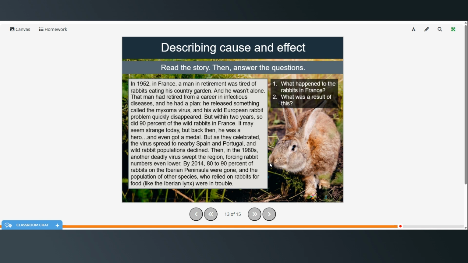So, what happened to the rabbits in France? Well, they were killed by the myxoma virus that was released into their habitat, and the result was that the rabbit population all across Spain and Portugal declined significantly. And then, as a result of that, the species like the Iberian lynx that relied on rabbits for food were also in danger.